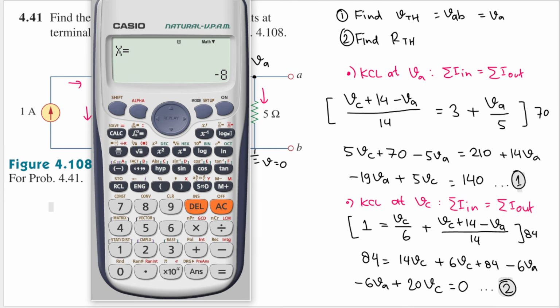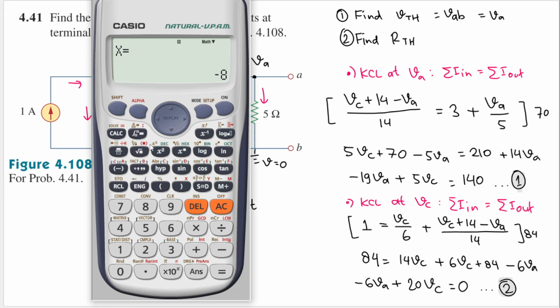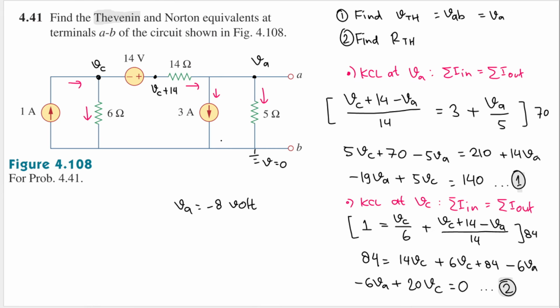Okay, so we will have VA is equal to minus 8 volt, not 6. And then VC is minus 2.4. The unit here will be volt.